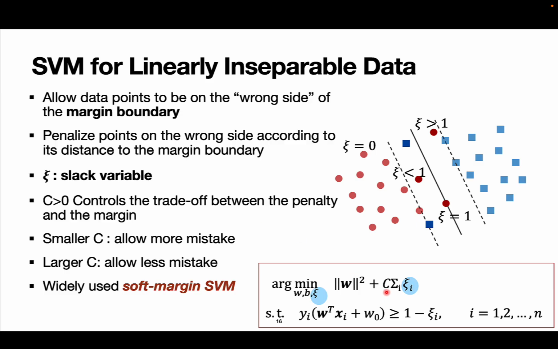C is multiplied by the total of the penalty. When C is small, it allows for more mistakes in the boundaries. And when C is larger, that means fewer mistakes are allowed. This soft margin SVM is widely used and adopted.